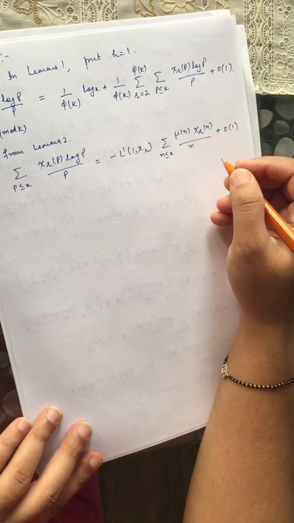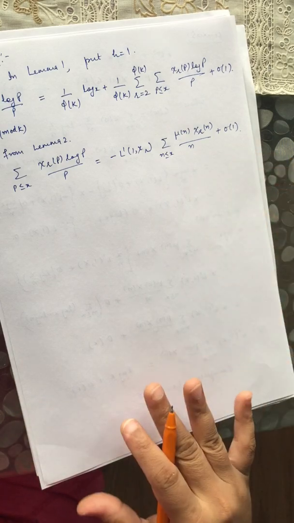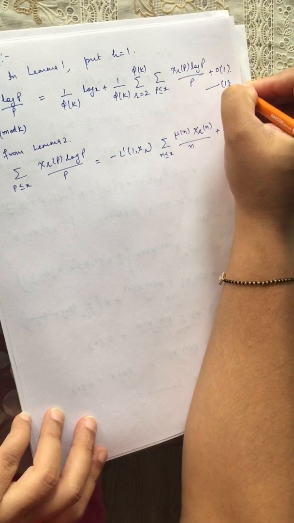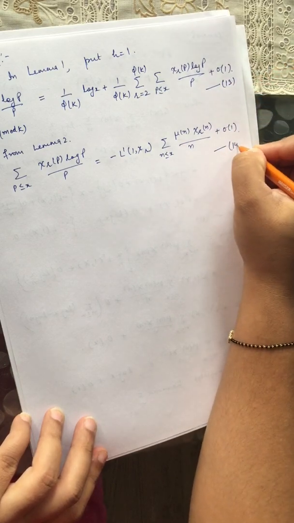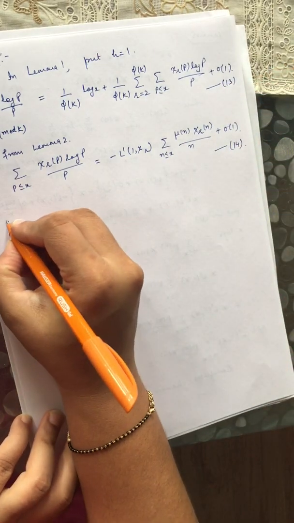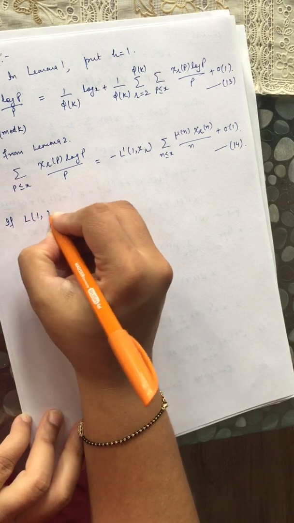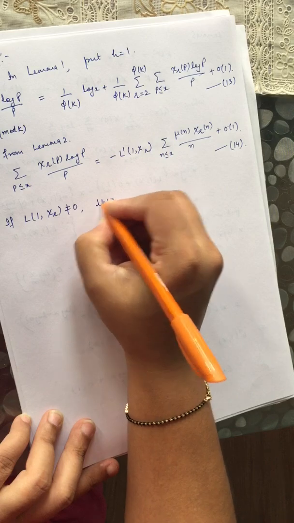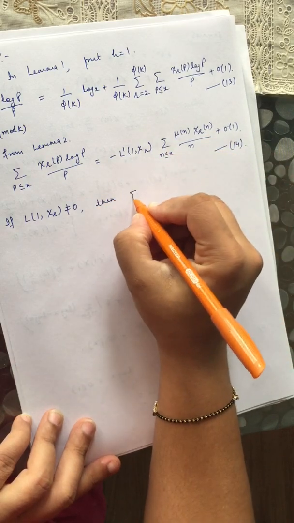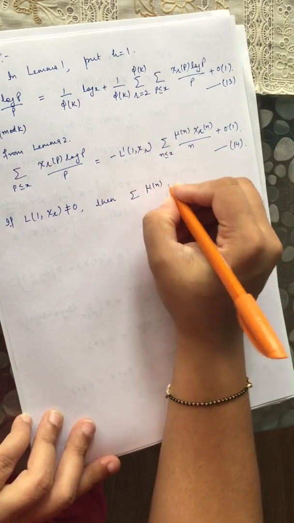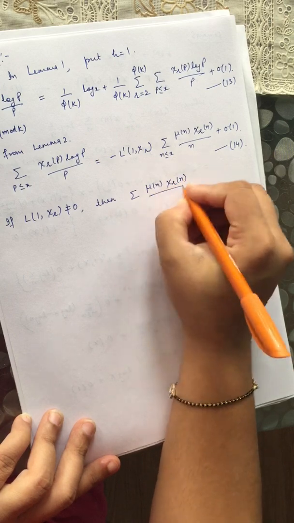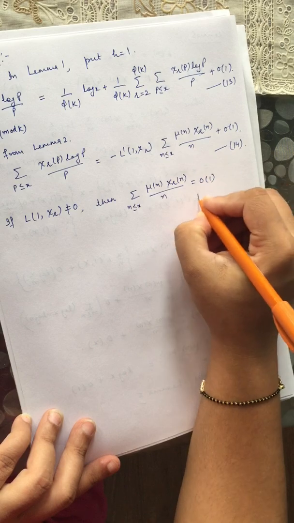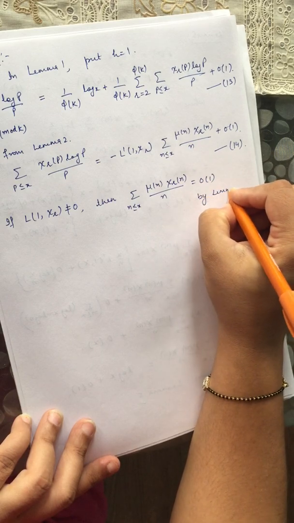Firstly, let us number these equations: let us say this equation is equation 13 and this is, let us say, 14. So if L1 chi is non-zero, then this summation mu n chi r n upon n is just order of 1, and this is by lemma 3.